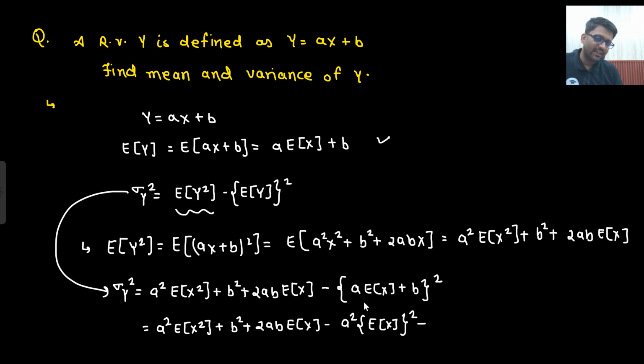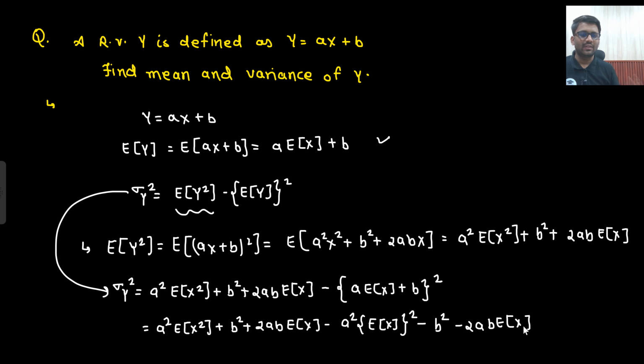Look, there is a minus sign, although in the bracket everything will be positive. So if there is a minus sign and I open the bracket, every positive sign will be converted to the negative sign: a square plus b square plus 2ab expectation of x.